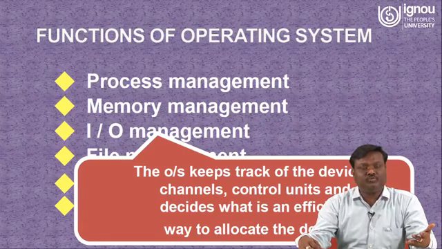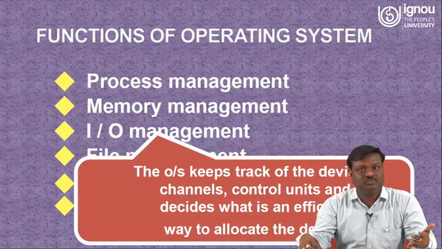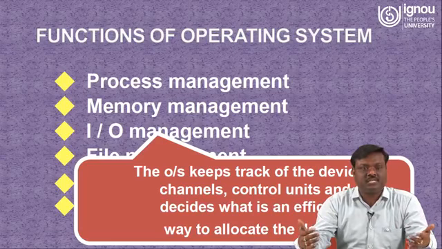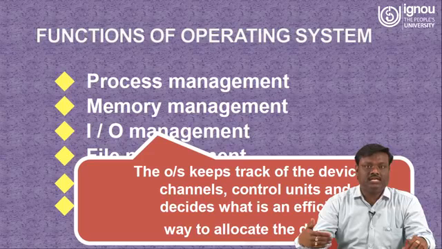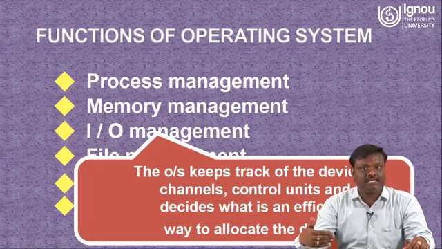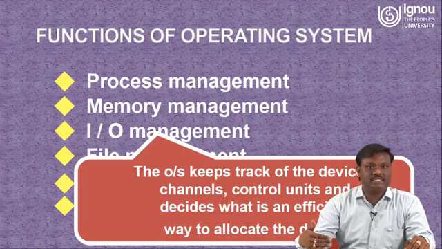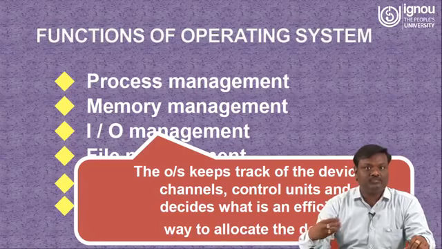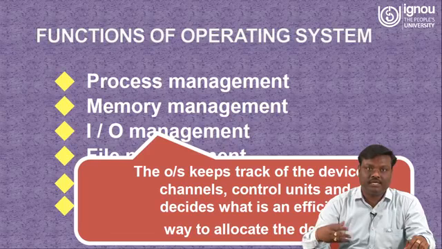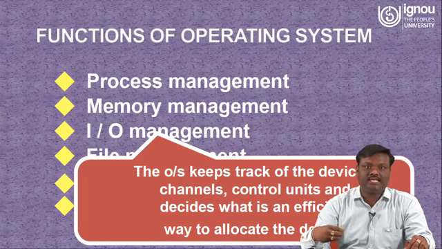Then input output management, or you can call this device management also. There are several resources or devices connected to our system. So how to allocate and release those particular resources by the operating system, whom to allot, like to which process I should allocate the printer, to which process I should allocate the hard disk, to which process I should allocate the magnetic tape.